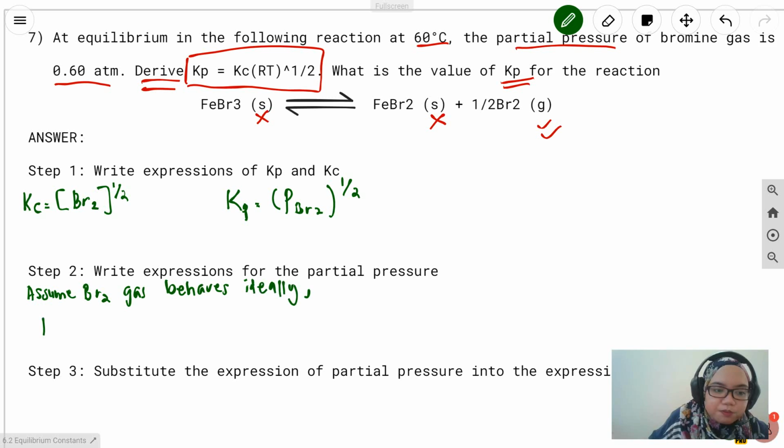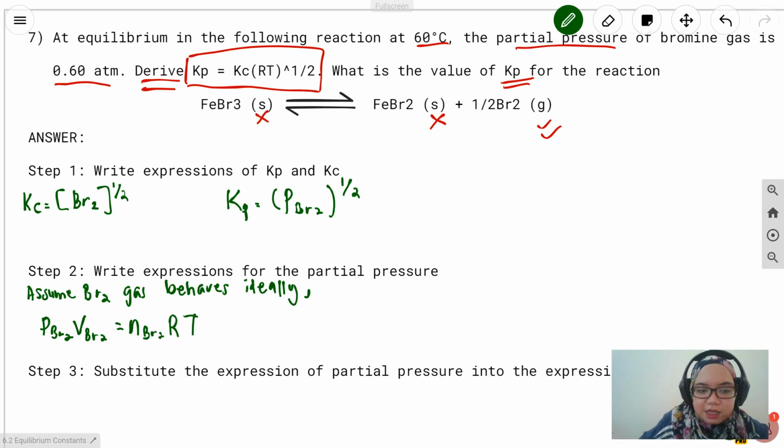So PV for Br2 is equal to nBr2 RT. Okay, so we can say that PBr2 is equal to nBr2 RT over V, the bottom one, right? So over VBr2.